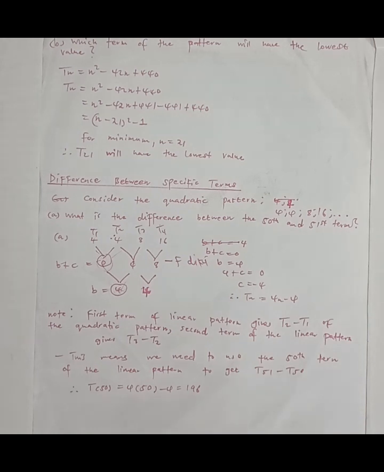So guys, I need you to think about this very well, why I'm saying that we need to use the 50th term of the linear pattern. Remember, we said t2 minus t1 gives us the first term of the linear pattern.